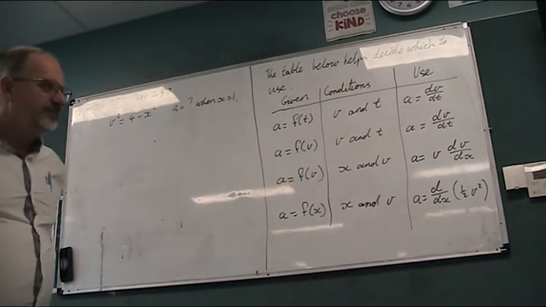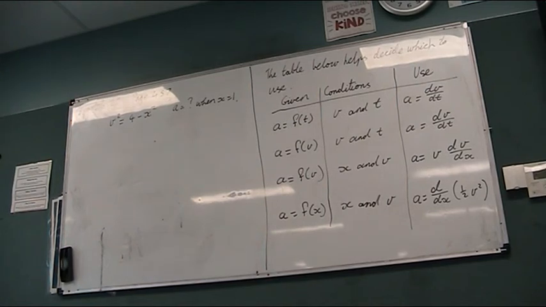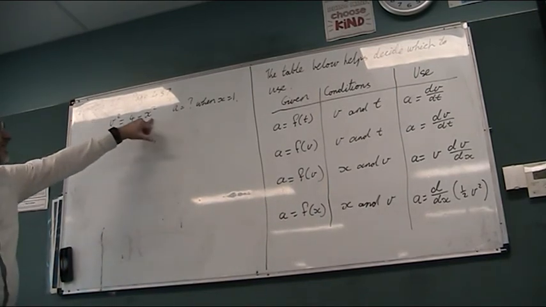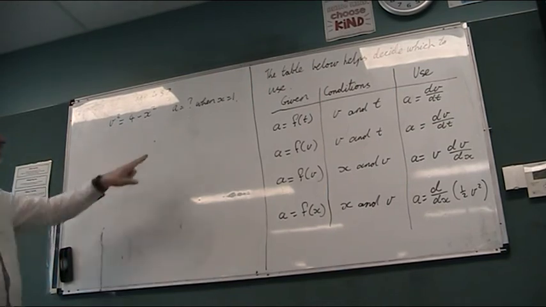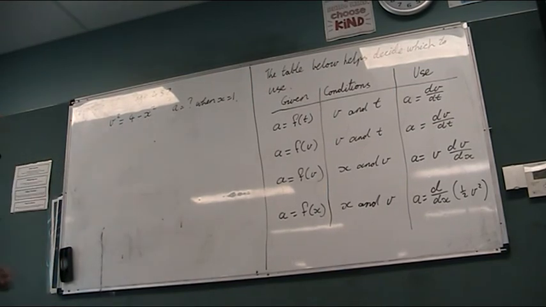Alright, so when we have a look at this, we've got v squared on this side, and we've got 4 minus x squared there. No acceleration going on there.